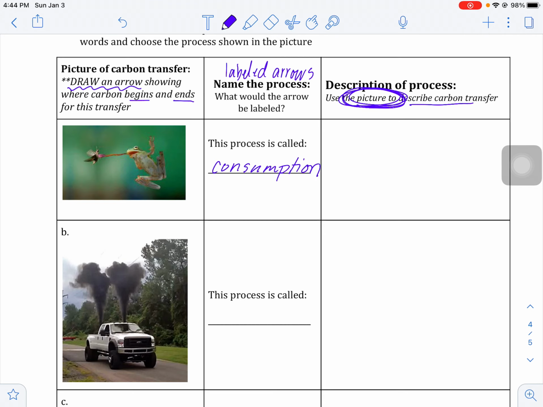And so the carbon is going from our moth to the frog, right? And so the description of the process would be something like carbon is transferred from the moth to the frog when the moth is eaten, something like that, through the food chain by the smaller animal being eaten by the bigger animal, something like that.